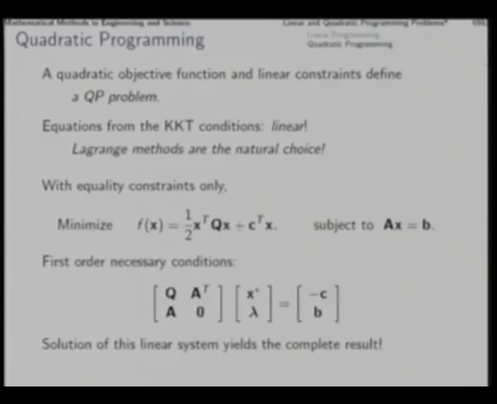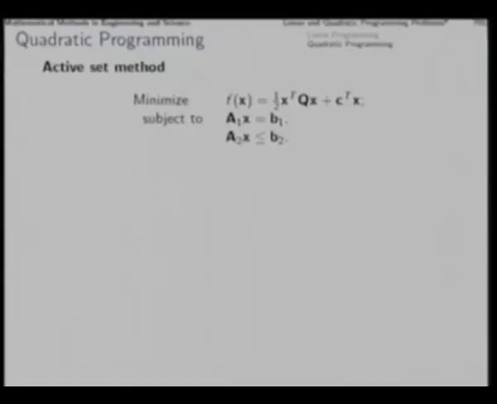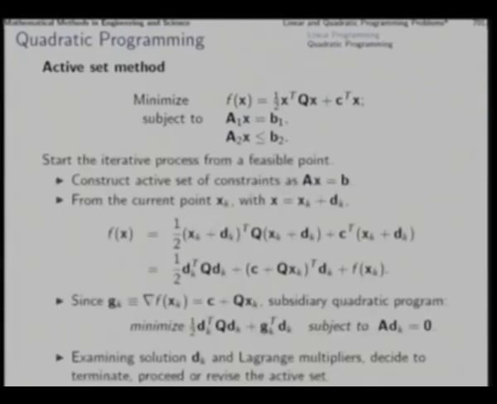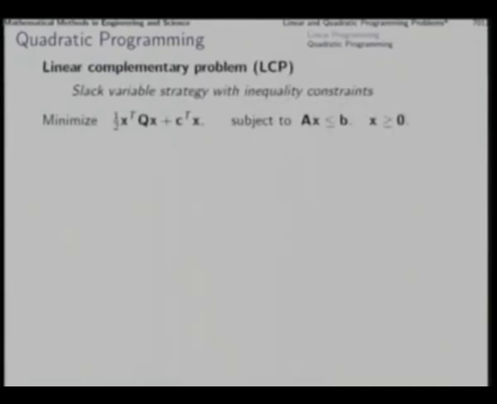Now, this is if you have only equality constraints. If you have inequality constraints also, then the process becomes iterative, and you can consider an active set method in which you keep track of active constraints from iteration to iteration, or you can consider a slack variable strategy which gives you a linear complementary problem, and you can solve that problem.